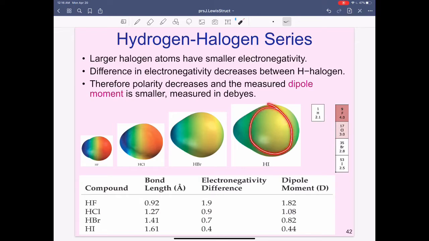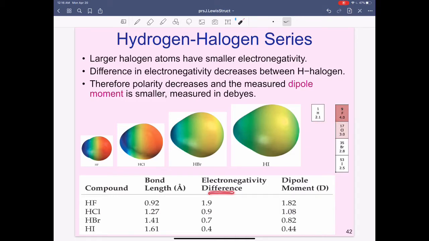Larger halogen atoms will result in a longer bond length, and because the outer valence electrons are so far from the nucleus, larger halogen atoms will have a lower electronegativity compared to hydrogen and fluorine.